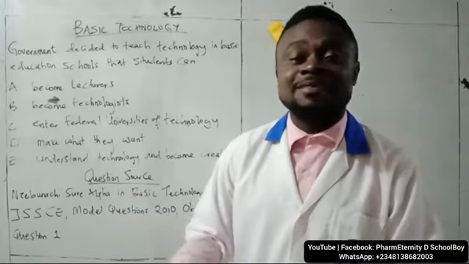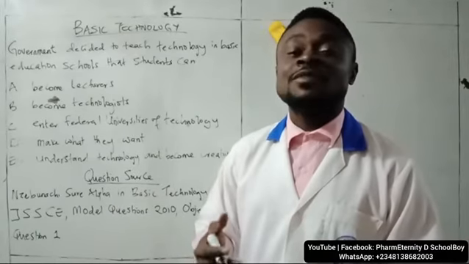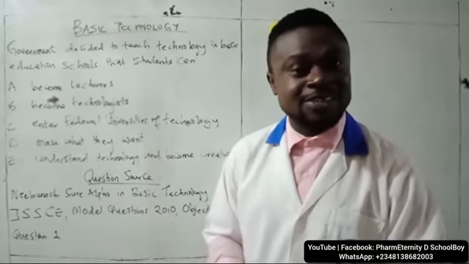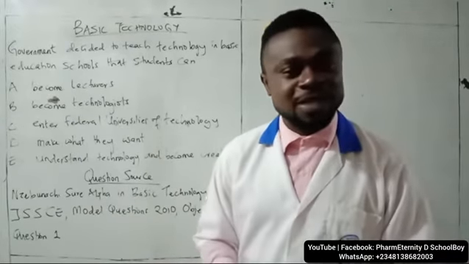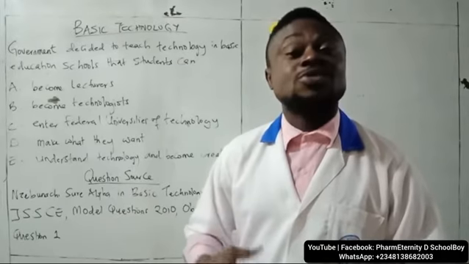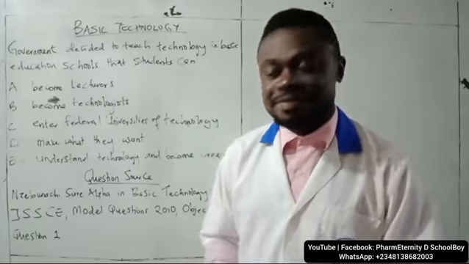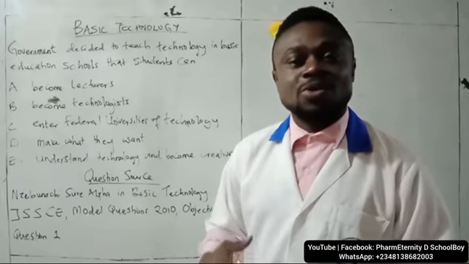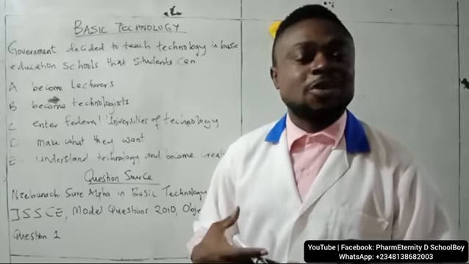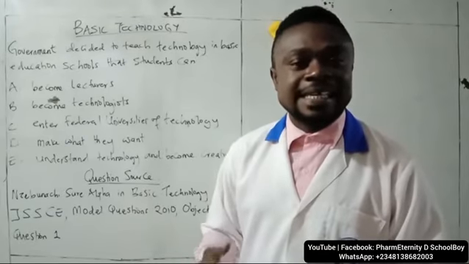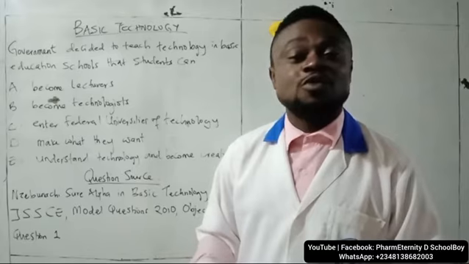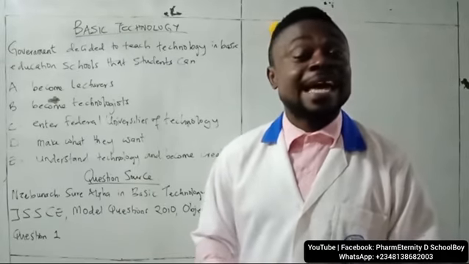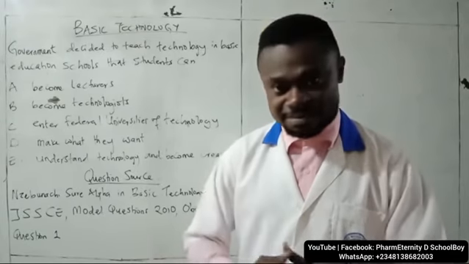So at that basic level, even if the student is not able to continue his or her education, this technology will help the students to be creative, to understand technology, and be able to apply whatever knowledge acquired in creating what will benefit mankind, and also what will earn him or her a living.